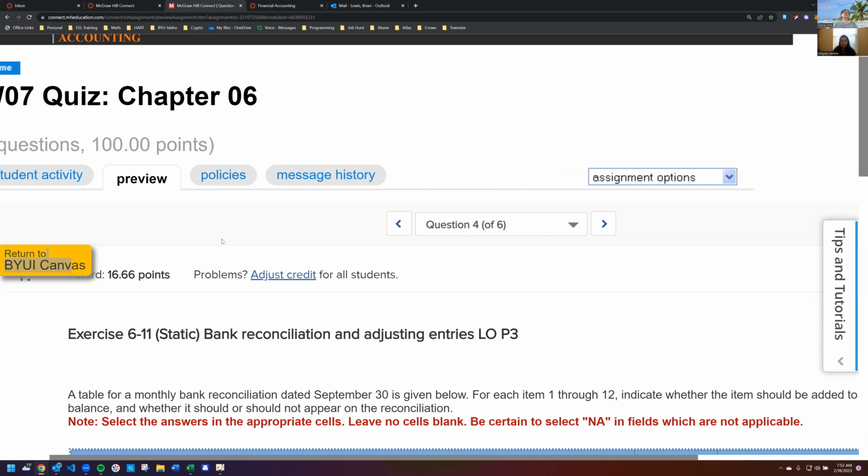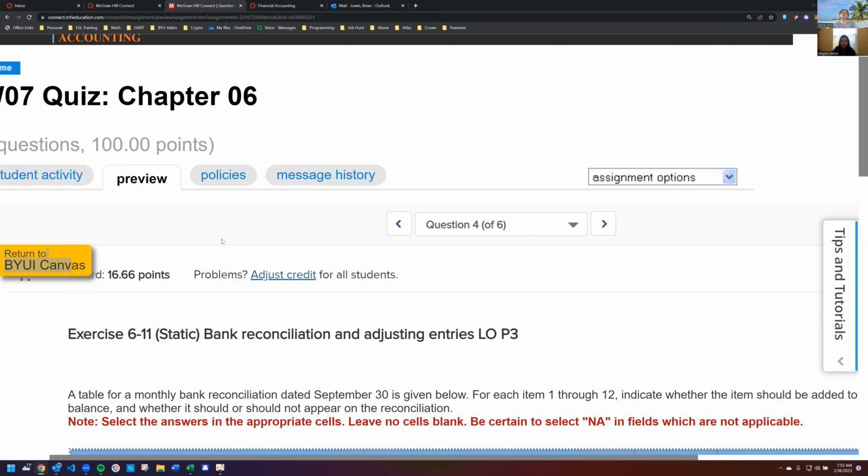So when you figure it out, we're adding to the book balance if we need to give the money back to the person, the company.